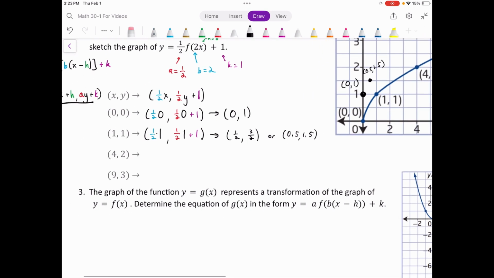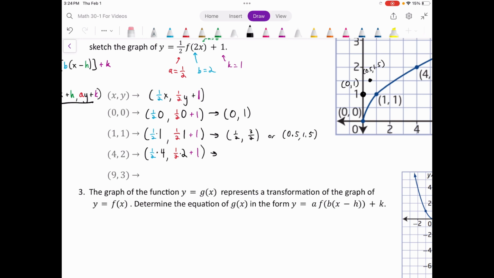So (4, 2). Every x coordinate gets multiplied by 1/2. B is 2. We have a horizontal stretch by a factor of 1/2. So 1/2 times 4. And then every y coordinate gets multiplied by 1/2 because a is 1/2. Vertical stretch by a factor of 1/2. So 1/2 times 2. And every y coordinate then gets 1 added to it because we have a vertical translation 1 unit up, a k value of 1.